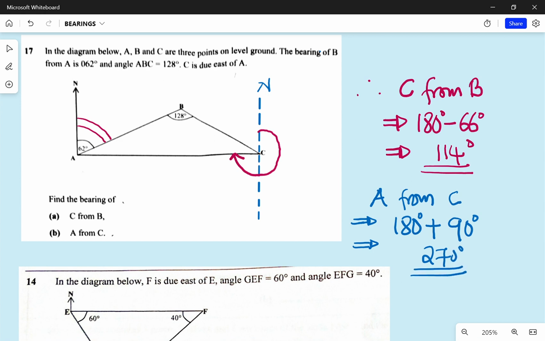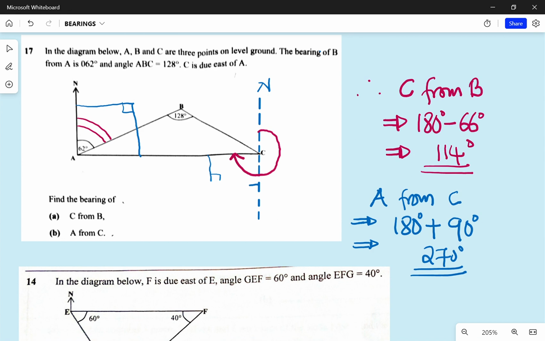That is the bearing of A from C, which is going to give us 270 degrees there. Okay, so this here is an alternate angle to this one. So this angle here alternates with that angle there. Okay, you can see this is 90 degrees, this is also 90 degrees there.